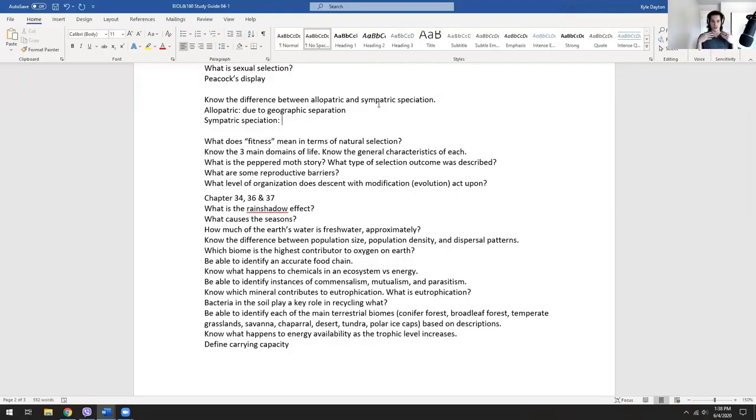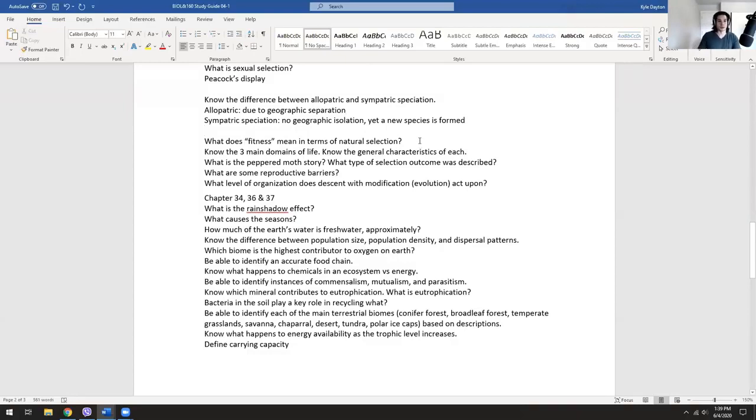So you have a mutation that produces a bunch of triploid plants. Now those triploid plants can mate with each other, but they can't mate with their parents. And so you've created a whole new species, just like that. So there's no geographic isolation or separation, yet a new species is formed.